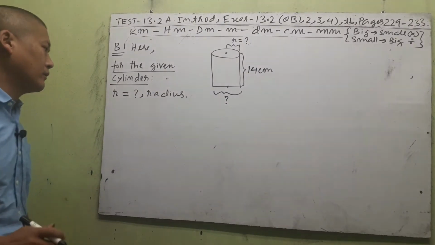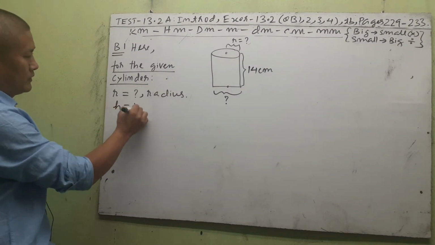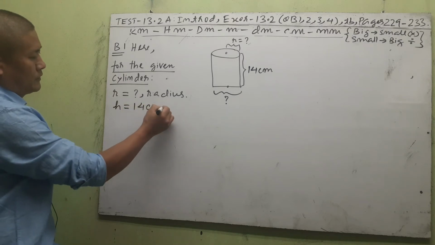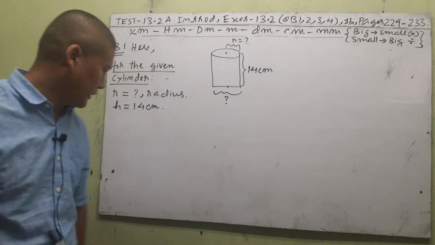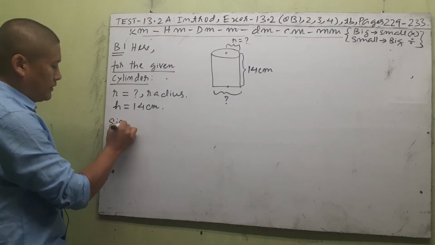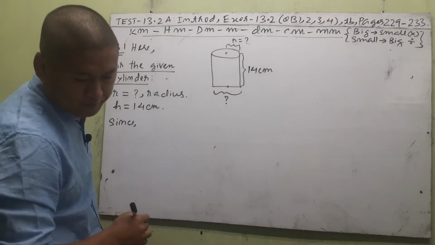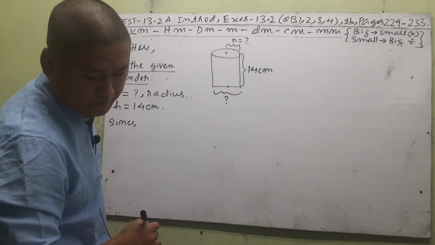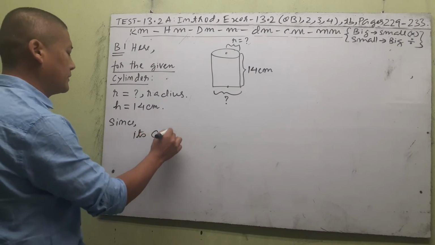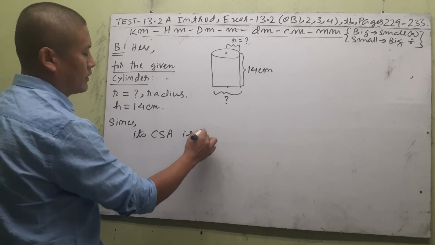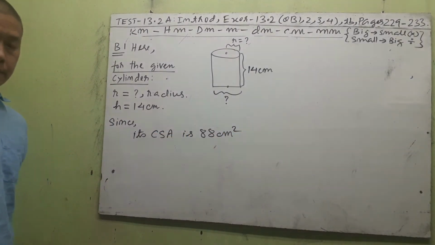Diameter therefore is not known, because diameter is related to radius. Height of the cylinder is 14 centimeter. Only this much is given. But the question is saying, so let us write it down. Since the question says curved surface area of cylinder of height 14 is 88 centimeter square, that means its curved surface area is 88 centimeter square according to the question.